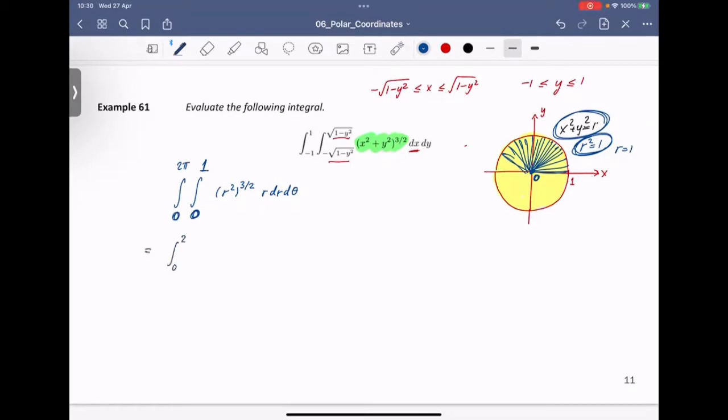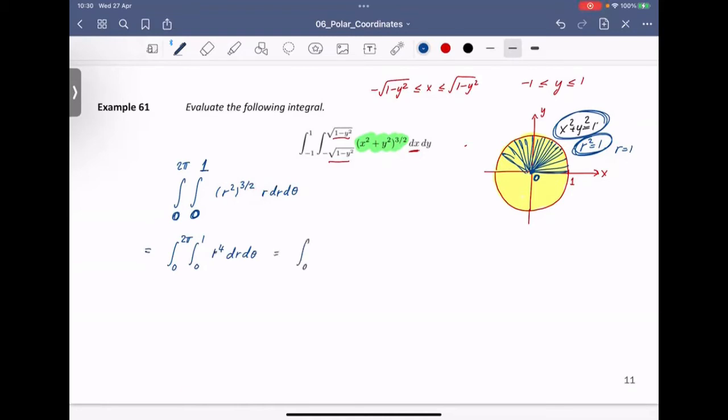And now you integrate it. So 0 to 2 pi, 0 to 1. Okay, be careful with this. r squared, and then you raise everything to the 3/2, so the 2 is going to cancel out. You get r cubed, and then you have one more r here, so this is actually r to the 4th power. Make sense? Be slow on that algebra because you can make mistakes easily.